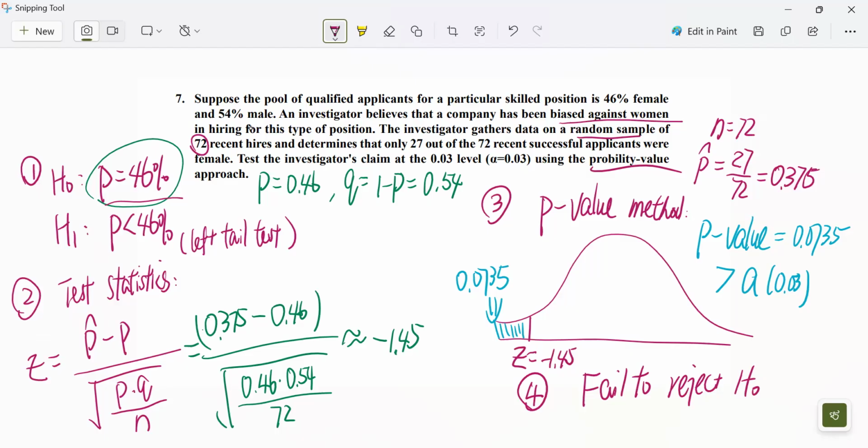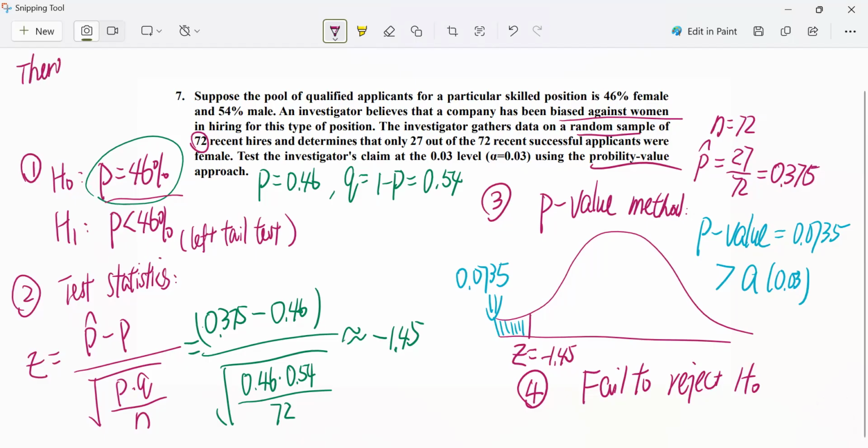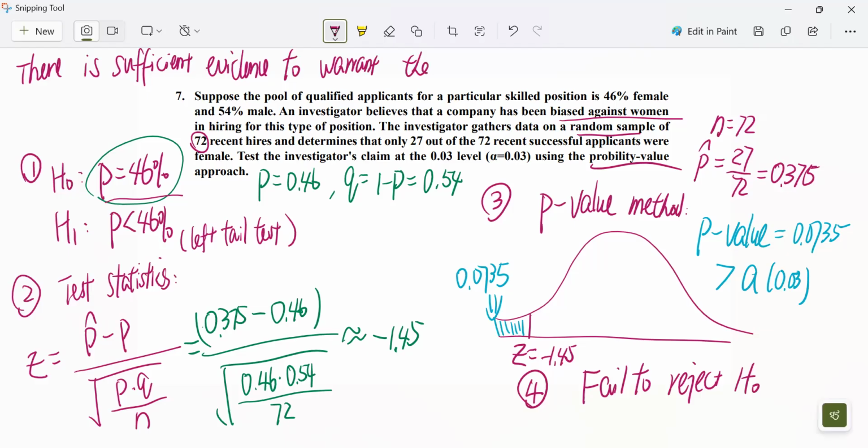But if you want to put it in very technical words, it would be: sufficient evidence to warrant rejection of the claim that the company has been biased against women in the hiring process.